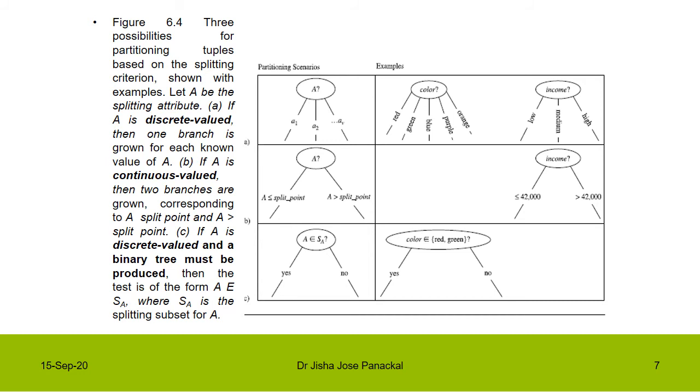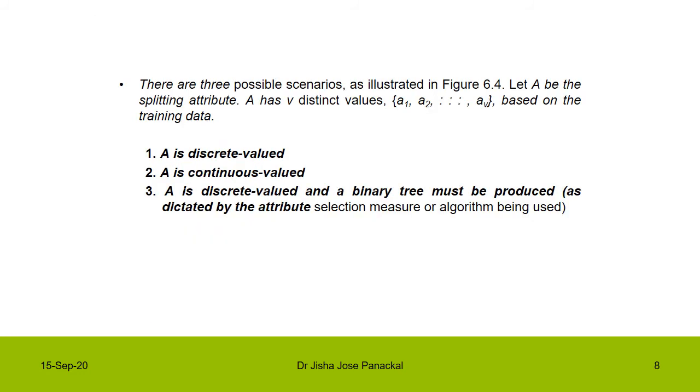So we have only two branches, that is yes and no. So that is the binary tree. Then the test is of the form A is an element of SA, where SA is the splitting subset of A. So based on the nature of the attribute, the partitioning or the splitting criterion will be different. So these are some examples for partitioning an attribute.